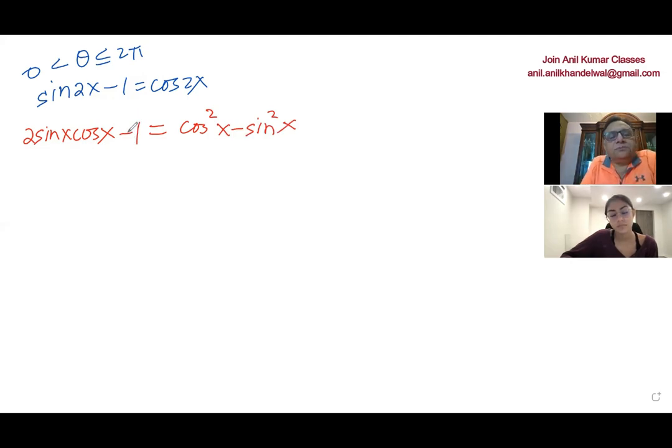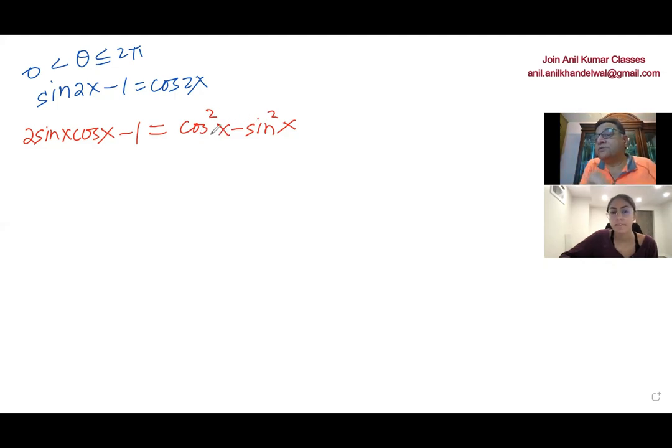Now this minus 1 can also be written as sine square x plus cos square x. You see that? You also know that cos square x plus sine square x is 1, right? Or you can say 1 minus sine square x is cos square x.